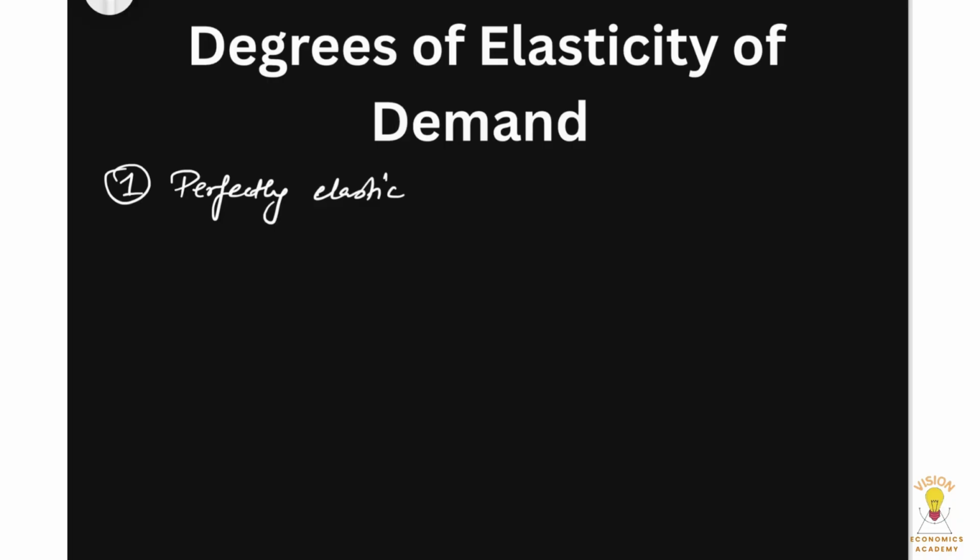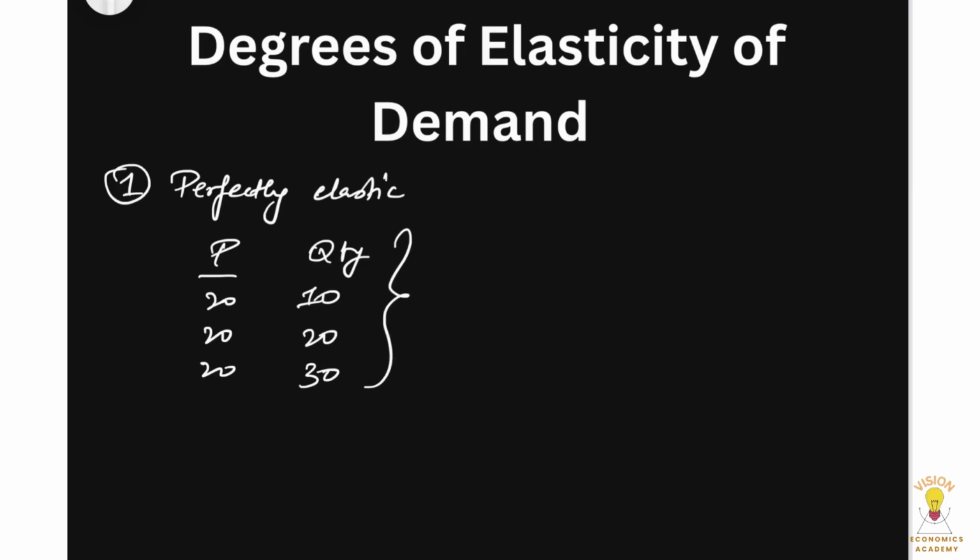For example, the price is 20, 20, 20. The quantity demanded keeps on increasing from 10 to 20 to 30 and so on. So at a particular price it keeps on increasing, and if there is a certain rise in the price, then the quantity might become zero as well. So that is a theoretical concept.